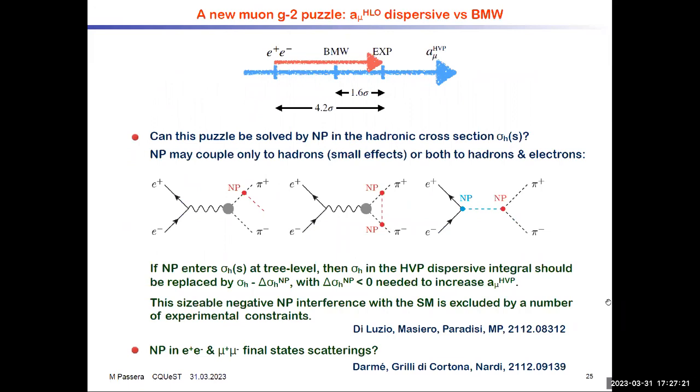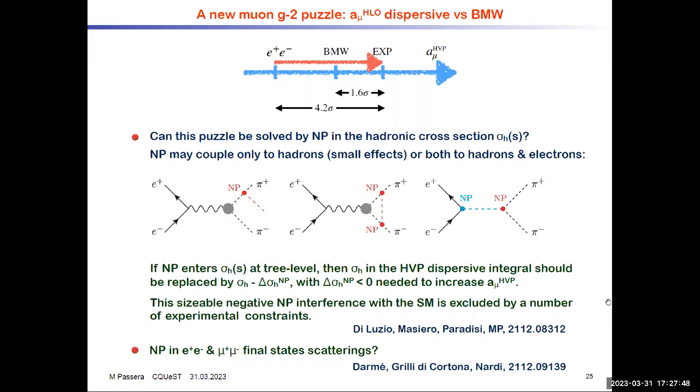A year ago we thought, could it be that this puzzle, which one is it, because there are many puzzles now, the puzzle between lattice, BMW, and the e+e- dispersive result, could it be fixed by new physics? Could it be that some new physics enters in the measurement of the hadronic cross-section at low energy, such that you could explain this discrepancy?